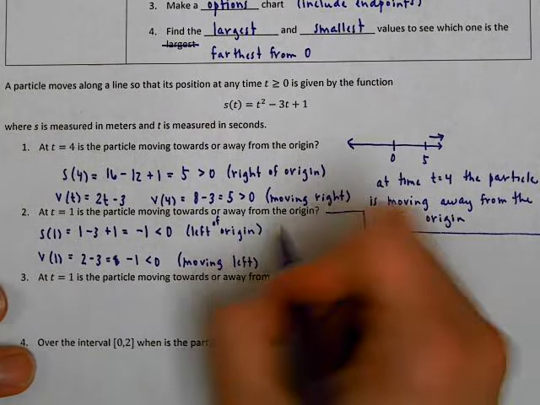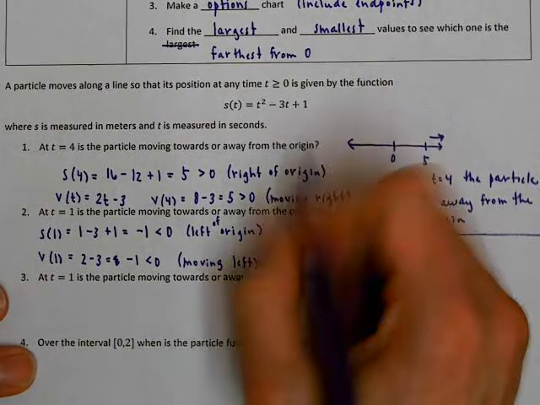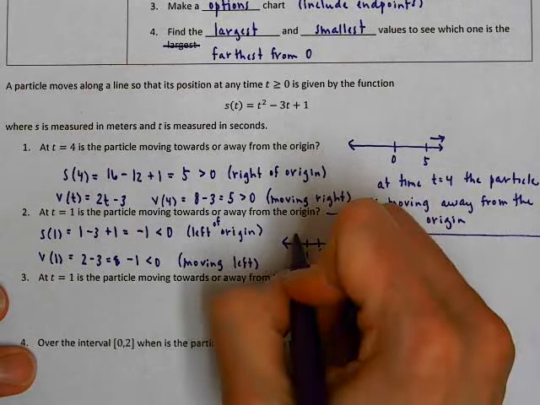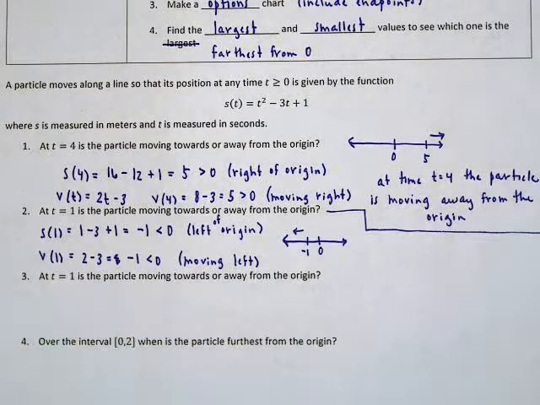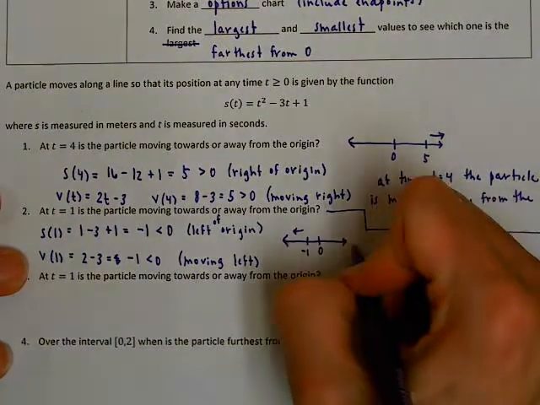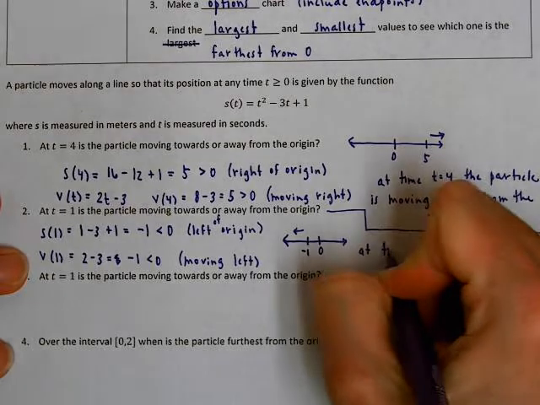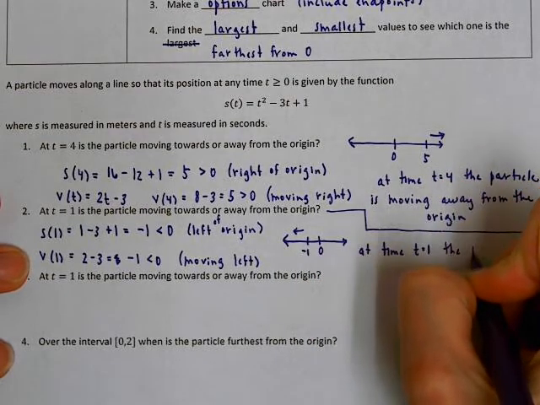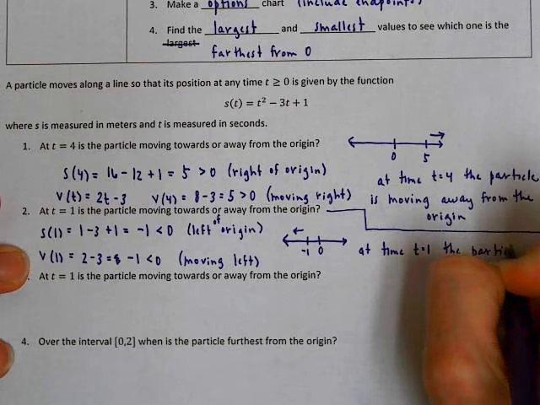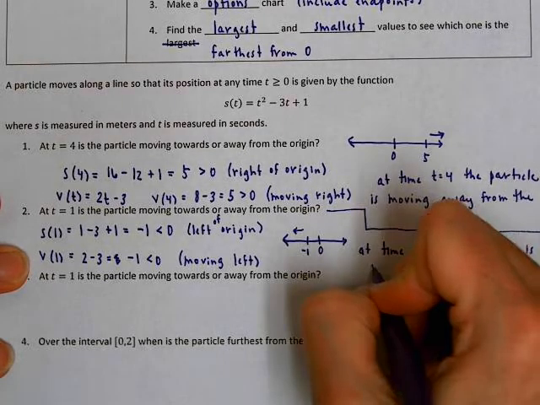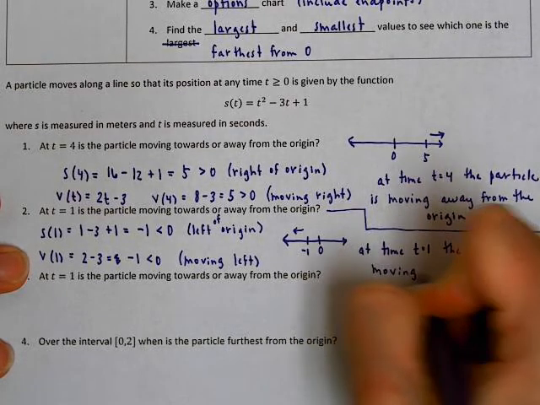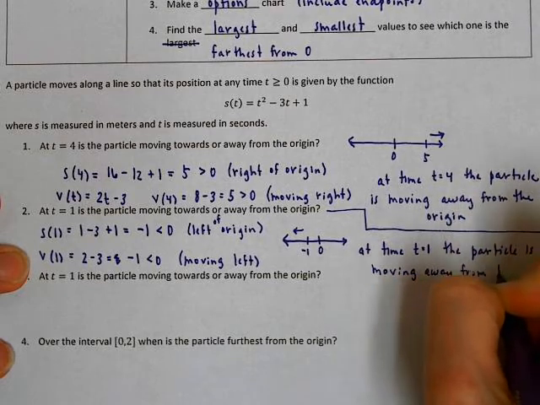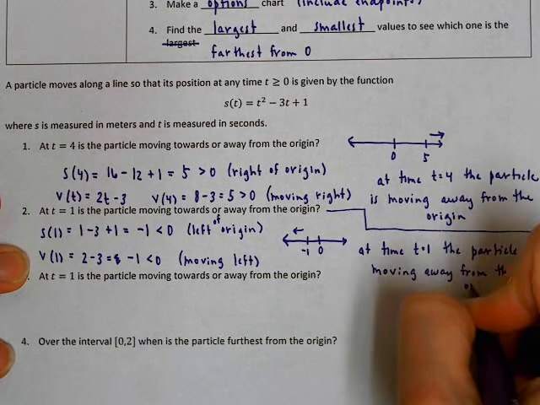So in this case, again, if we think of our number line, here was our origin, my position was negative 1, and I was moving left. Again, our particle is moving away from the origin. So at time t equals 1, the particle is moving away from the origin.